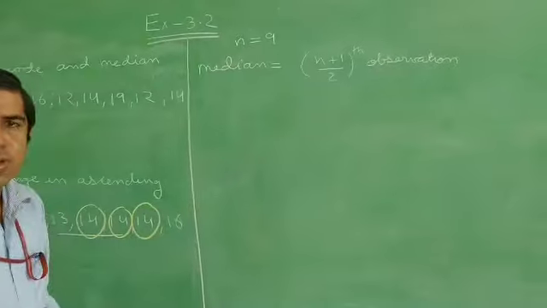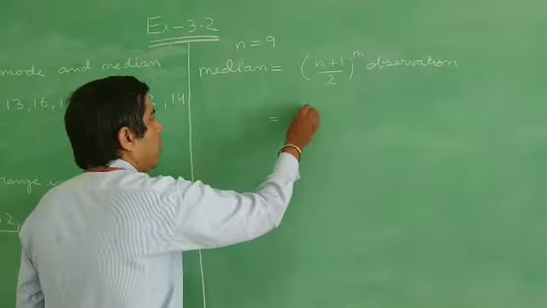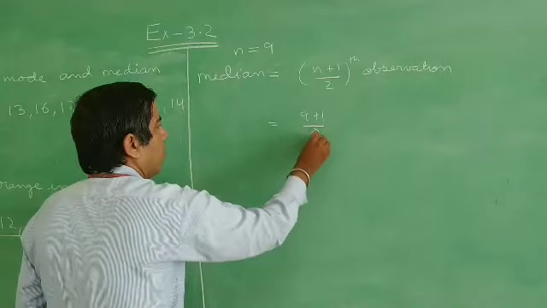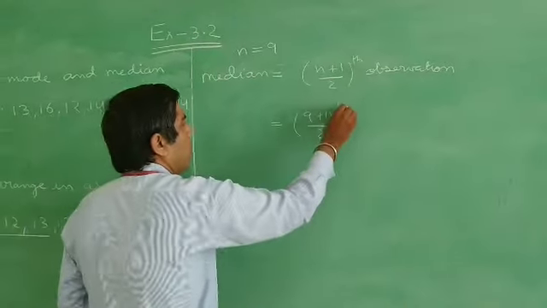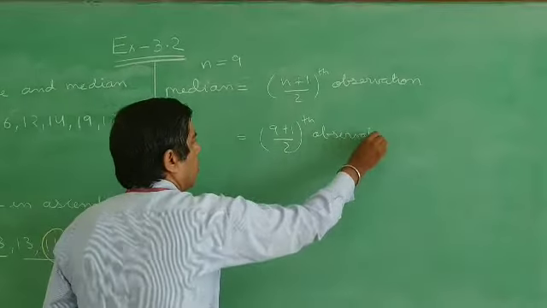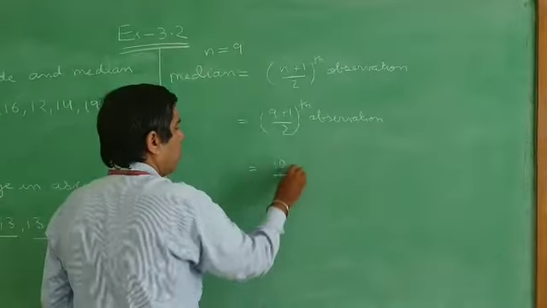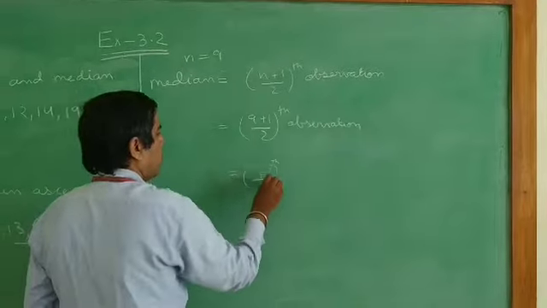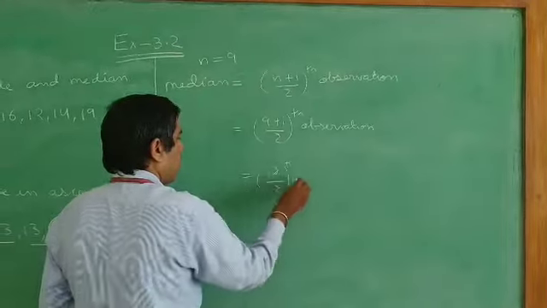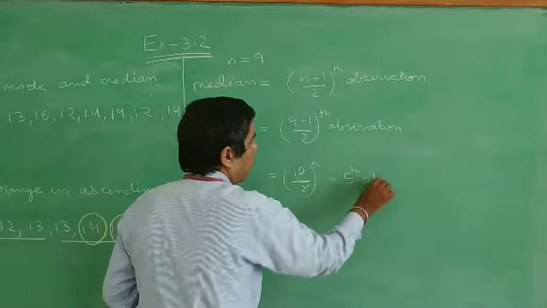Now it comes, 9 plus 1 by 2th observation, and it is 10 by 2. And it comes 5th observation. 5th observation is the answer.